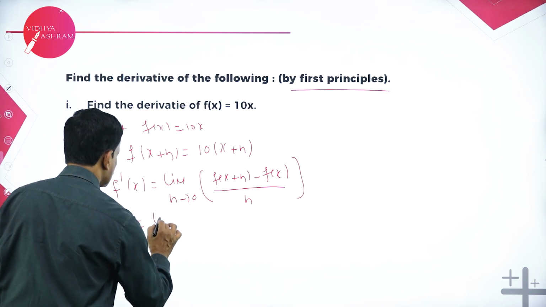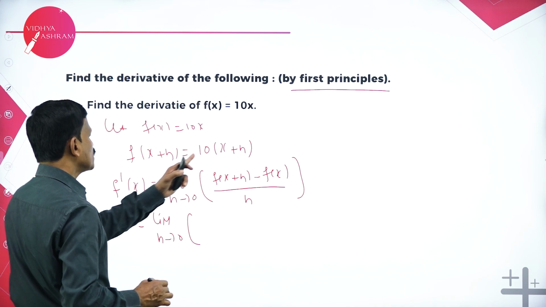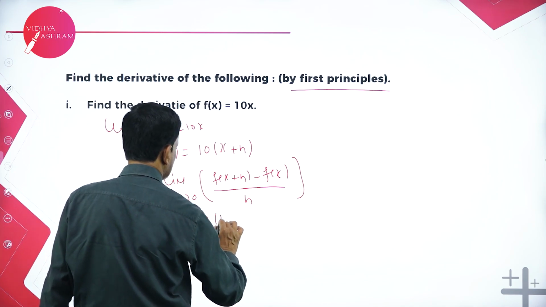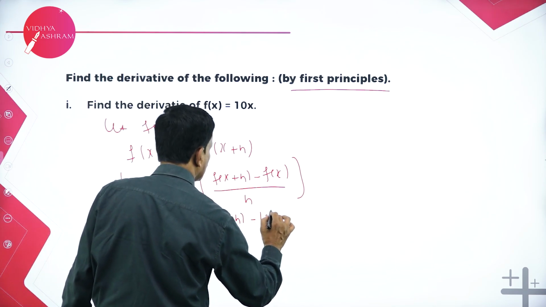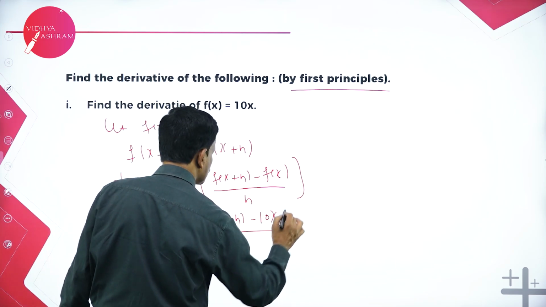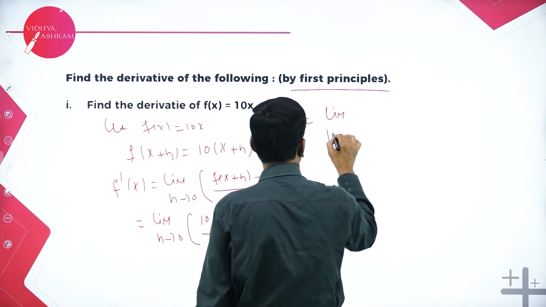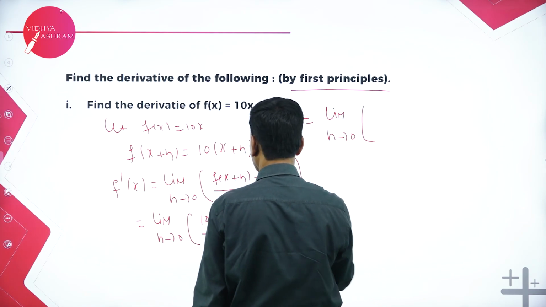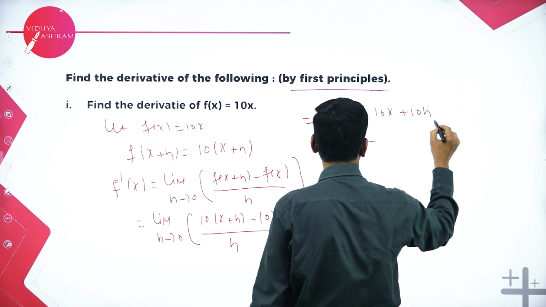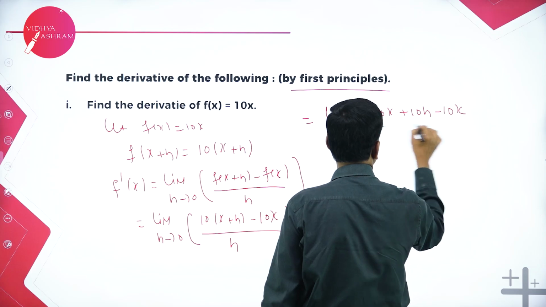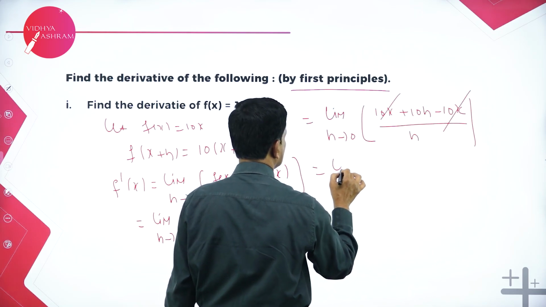So this is equal to limit h tends to 0, f of x plus h is 10 times x plus h, minus f of x is 10x, divided by h. Simplify this. This is equal to limit h tends to 0 of 10x plus 10h minus 10x divided by h. Minus 10x plus 10x gets cancelled.